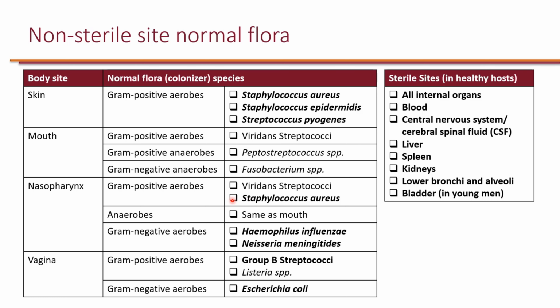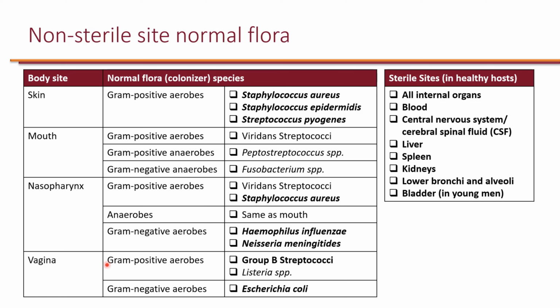Perhaps the lower part of the respiratory system, causing pneumonia, and we will talk about those scenarios throughout the course. The anaerobes in the nasopharynx are the same anaerobes as the mouth, and there are some gram-negative aerobes in the respiratory tract, such as H. flu, Haemophilus influenzae, and Neisseria meningitidis.